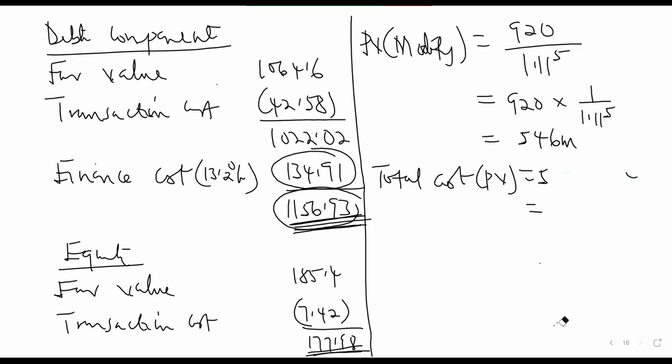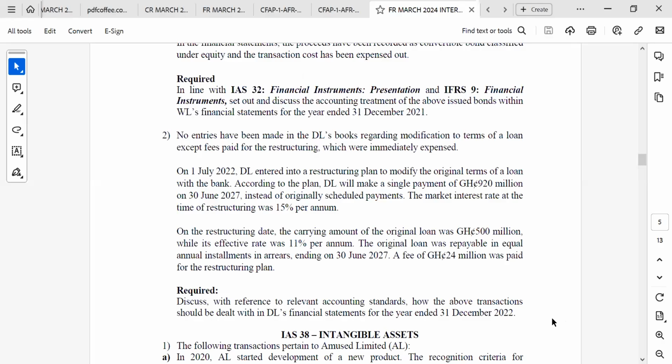So it will be 546 plus 24, isn't it? What are we having? 570. Okay. What is the carrying value of the old loan? It is 500.